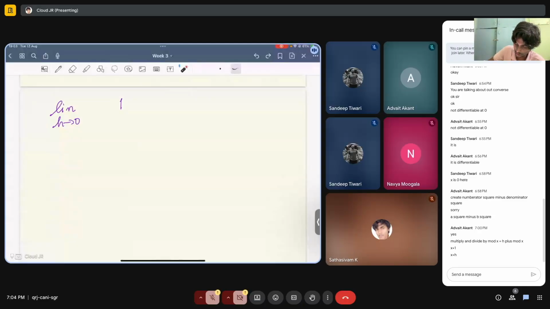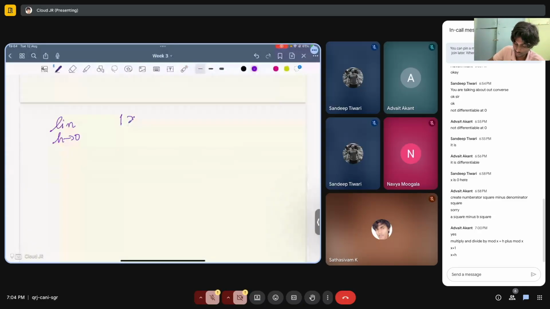So this is mod of 0 plus h minus mod of 0, divided by h. Mod of 0 is nothing but 0. So this is nothing but mod h by h, and you are taking the limit as h tends to 0.